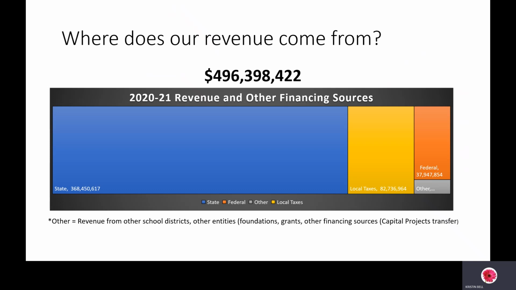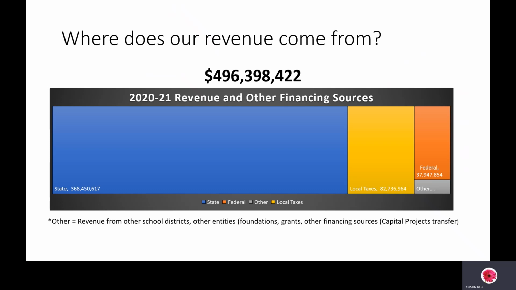There are two layers embedded in that local tax. One is from our very generous voters who have approved local levies for us to collect taxes on. Additionally, there are some non-tax local supports in there, which I believe I spoke on in the last couple of slides: your food service revenues or your library fines, fees, anything collected locally at the building level.